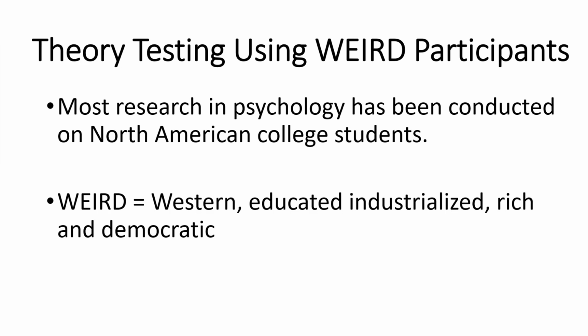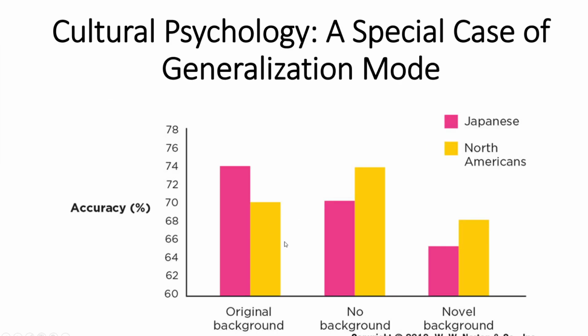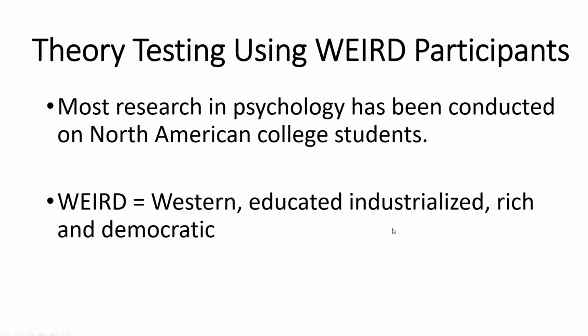Sometimes when you're conducting research, if you're just trying to prove a theory, it doesn't necessarily matter that you're using this weird sample because you don't care about generalizability to other populations. But if we're looking at that cultural psychology where we're seeing major differences in perception and encoding of information, if you want to be able to apply your research more broadly, you have to be testing in other areas.